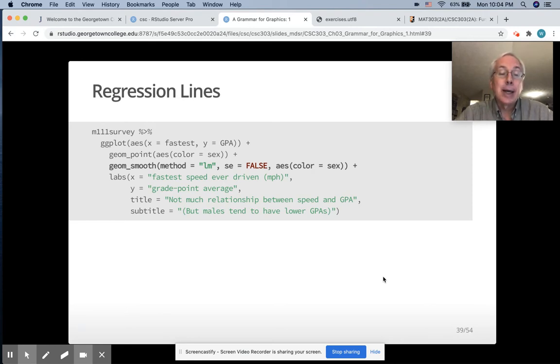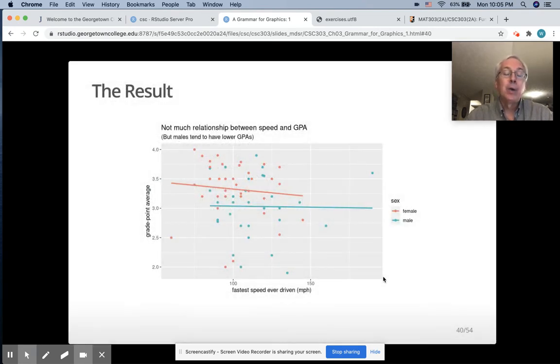That's going to say, let's find a linear regression line that fits the male's data and the female's data here. And we'll still set the color of those lines to be the same as the color for the data points that we plotted earlier. So when we set method to LM, we get regression lines.